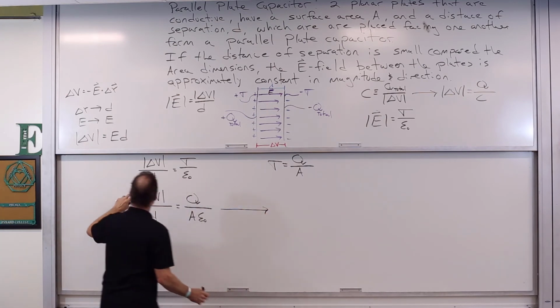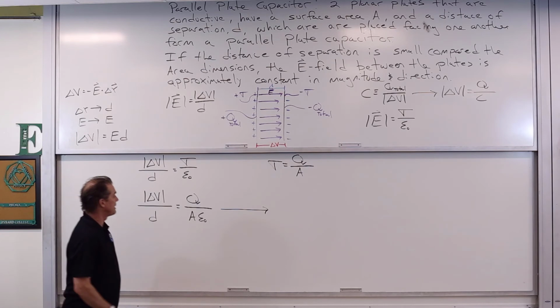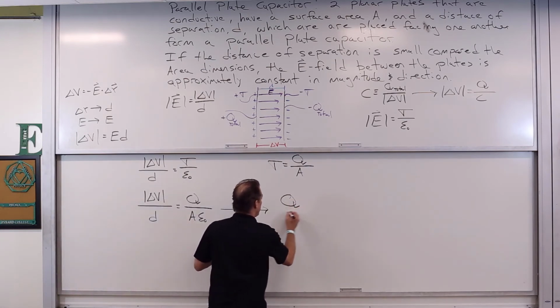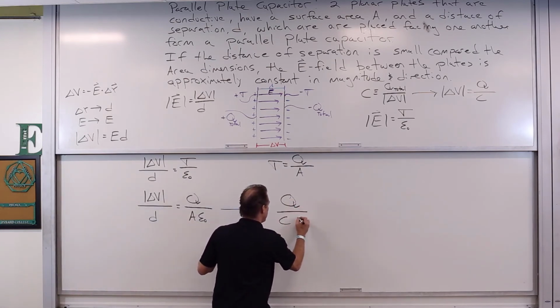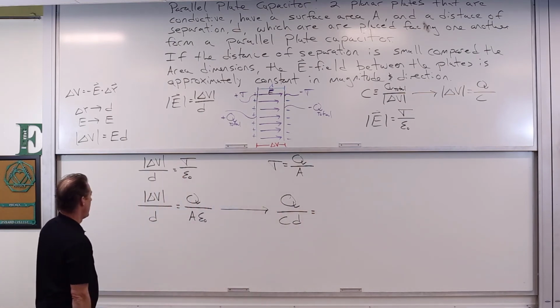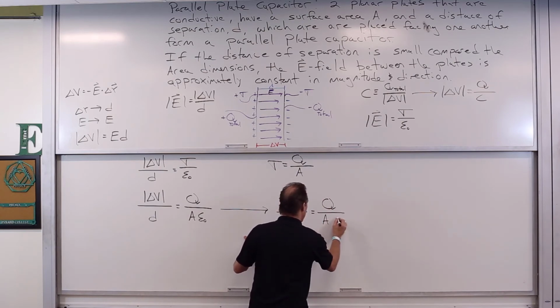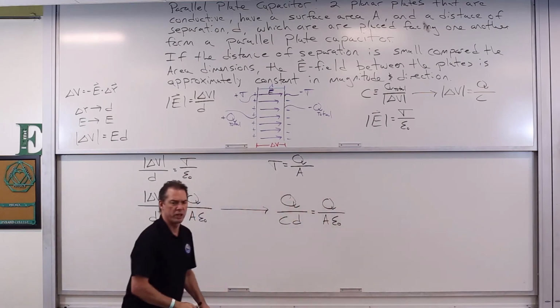We've got Q divided by C times d is equal to Q divided by A times epsilon 0.